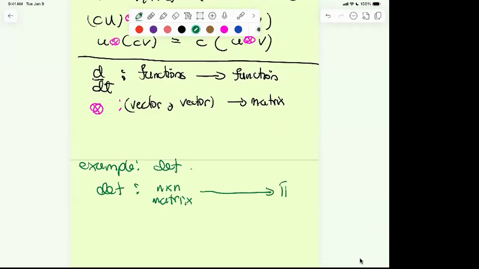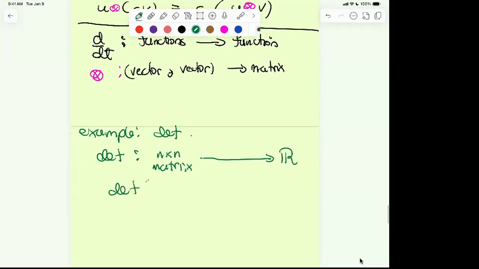This is not linear, because hopefully you remember that the determinant of A plus B is not the determinant of A plus the determinant of B. Because of that, we cannot think of the determinant as a linear operation.